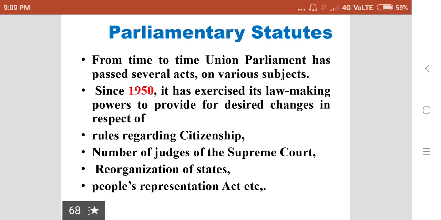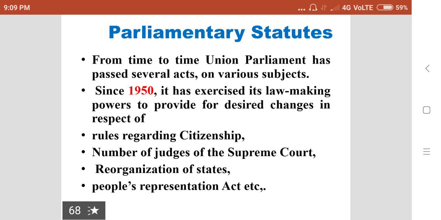Another important source of the Constitution of India is Parliamentary Statutes. From time to time, the Union Parliament has passed several acts on various subjects.